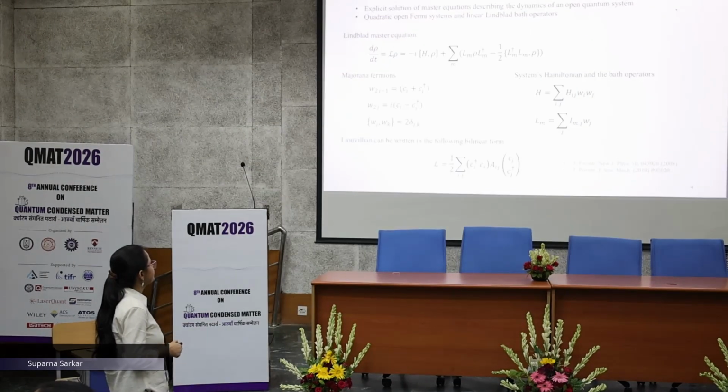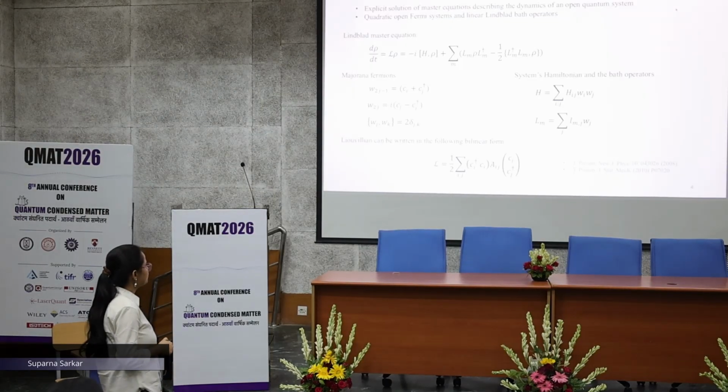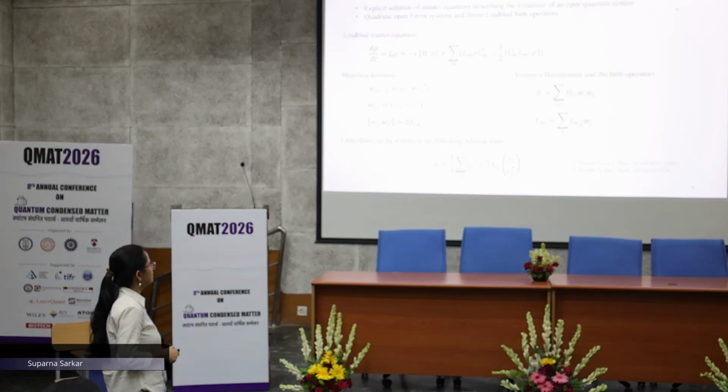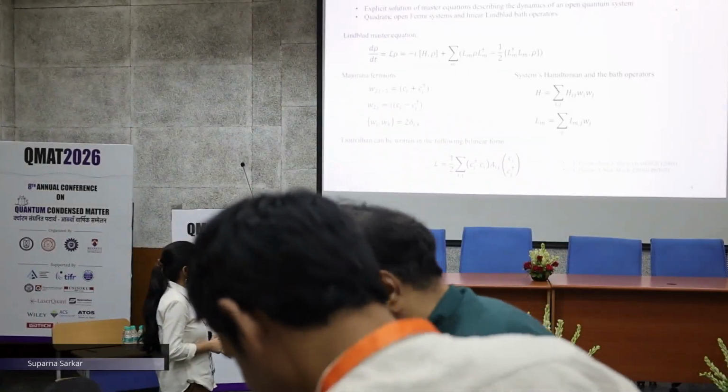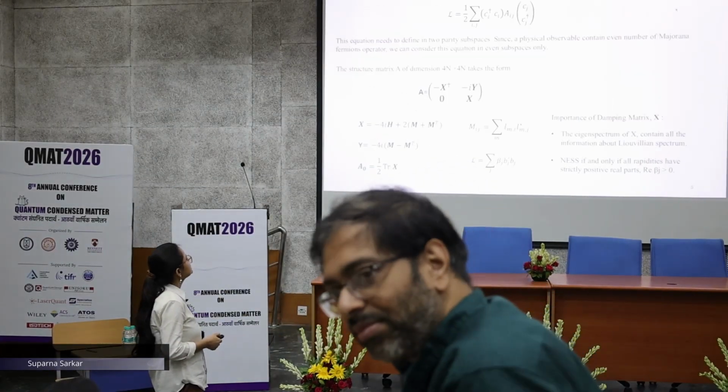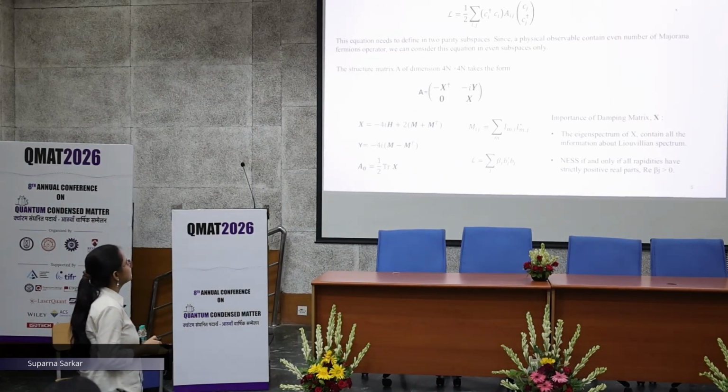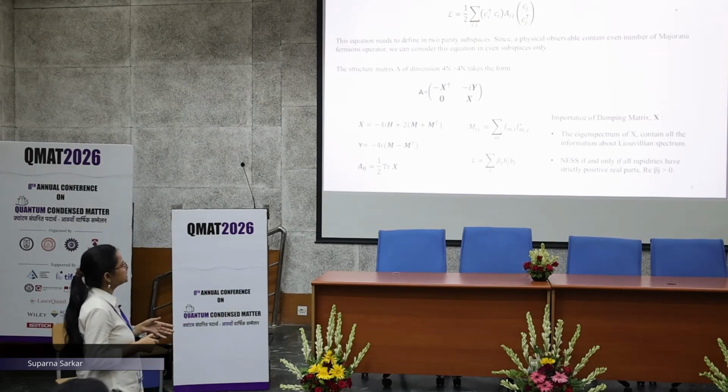So from the master equation we write the Hamiltonian and bath matrices in the Majorana fermionic basis, which follows this anti-commutation relation, and after some algebra you can write the Liouvillean in bilinear form. This Liouvillean can be described in even and odd parity subspaces, but our observables contain only an even number of Majorana fermions, so we can consider either one of the subspaces.